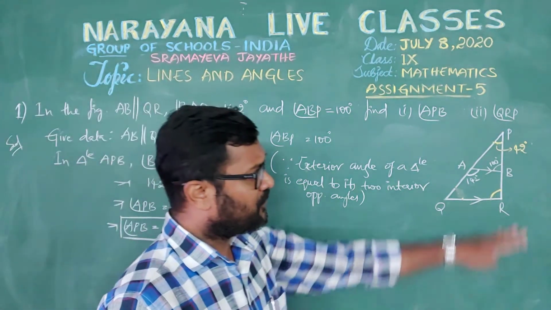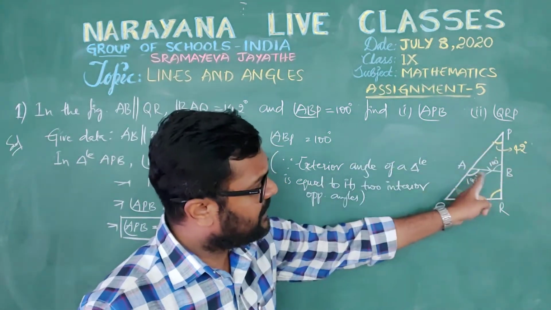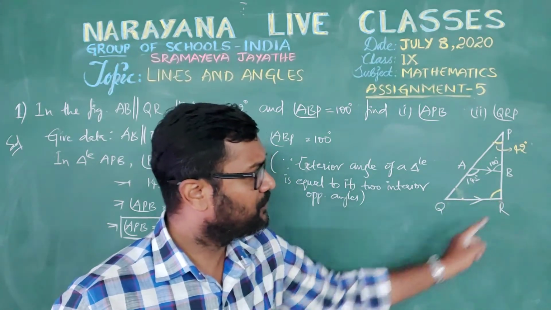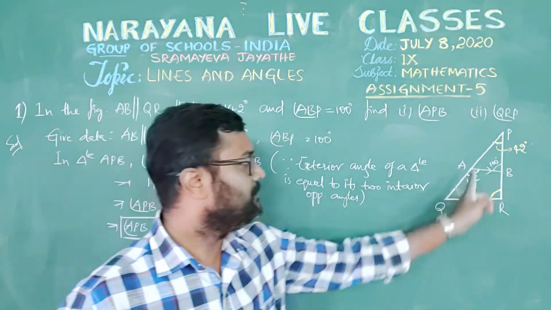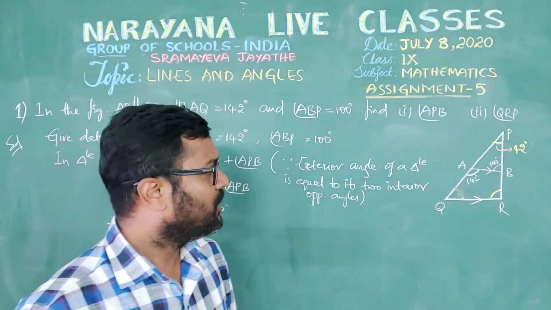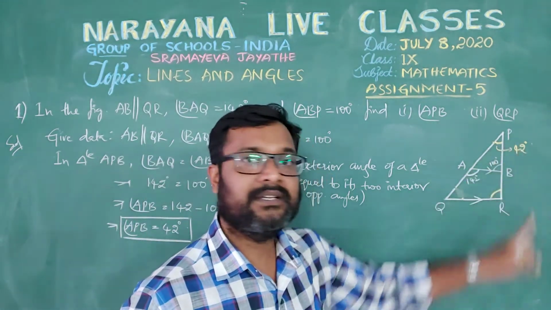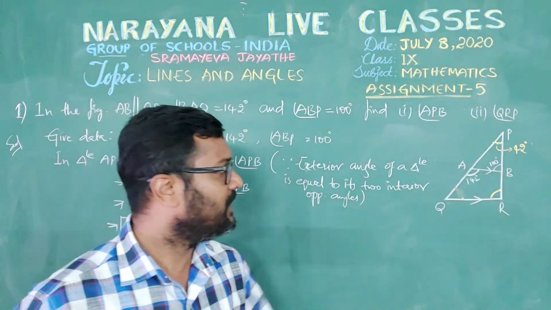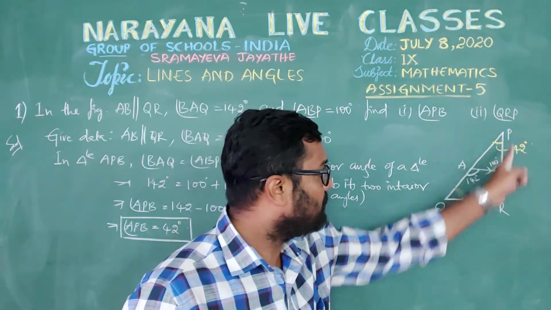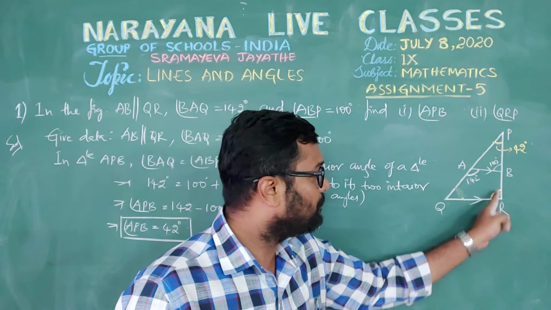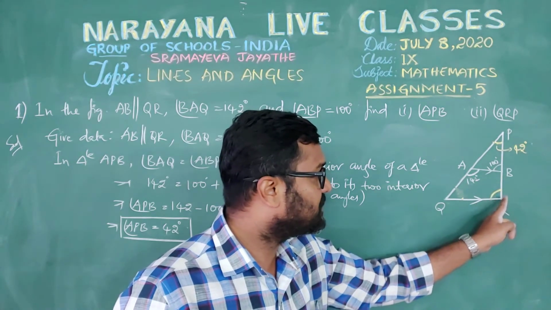See here, AB is parallel to QR, given data. If you observe this, RP is a transversal line. Why? Because RP intersects these two parallel lines at two distinct points.